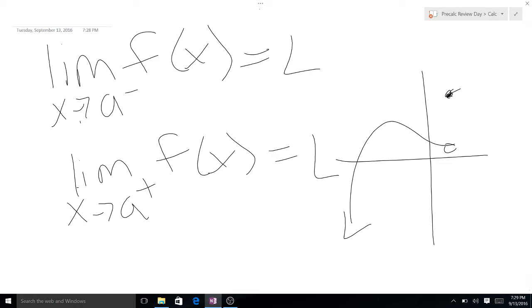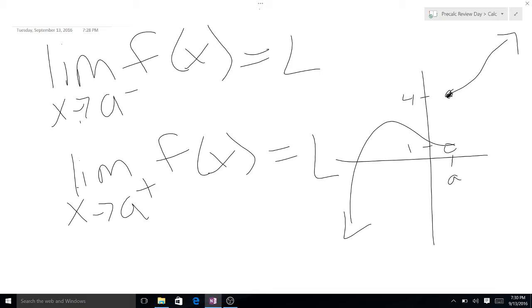You can't tell, but it is. Okay, and we're going to call this 1, and we'll call that 4. So as I approach from the right, I'm closing in on 4. Oh, and we're going to call this a, because I'm approaching a from the right, I'm approaching 4.